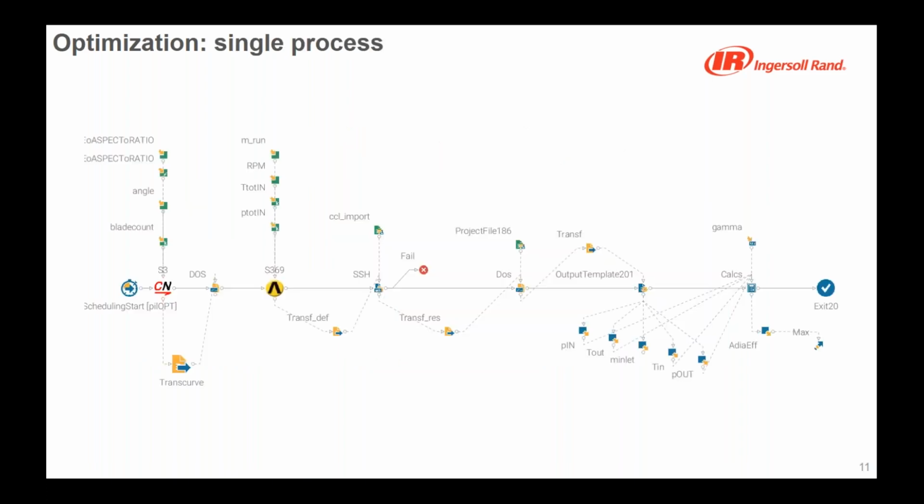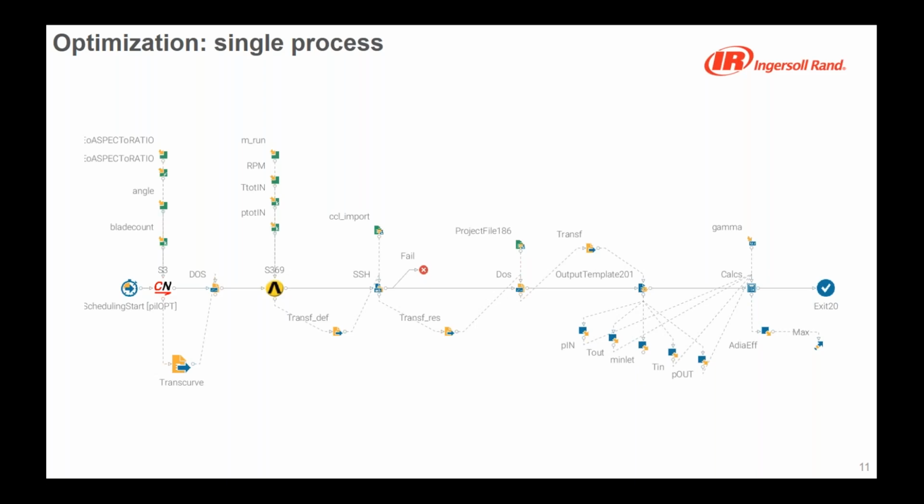This is a typical screenshot of modeFRONTIER. Each of these principal icons that you see here are called nodes, and this is the process flow followed. On the very left, you can see the algorithm chosen, and then we have here the nodes that represent the Concepts NREC tool that is integrated into modeFRONTIER and that we are using in this example to vary geometry.